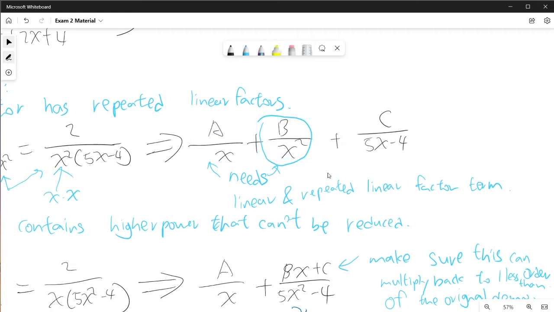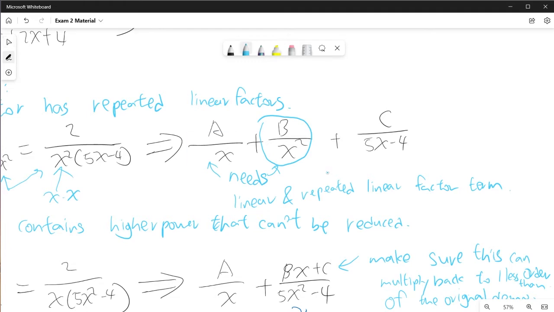Notice the sort of formula we have here, since this covers all the bases of getting back to the common denominator later on.